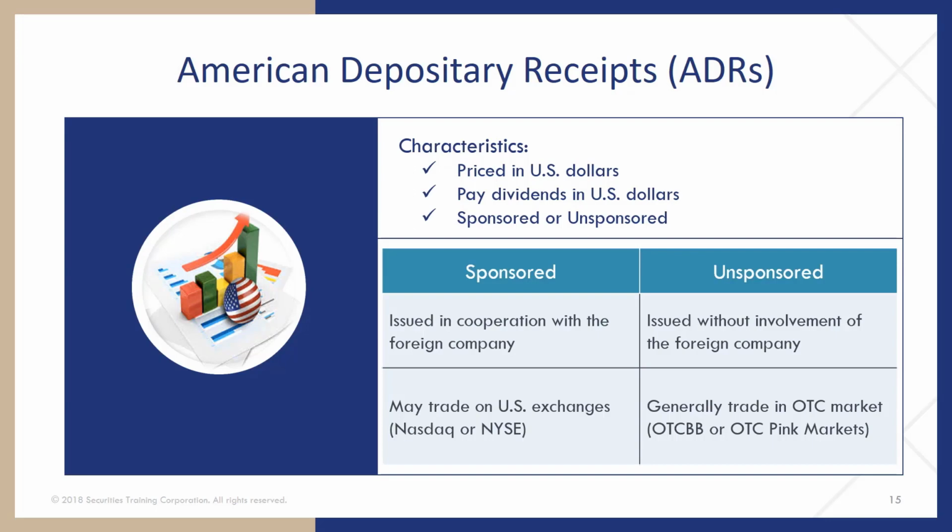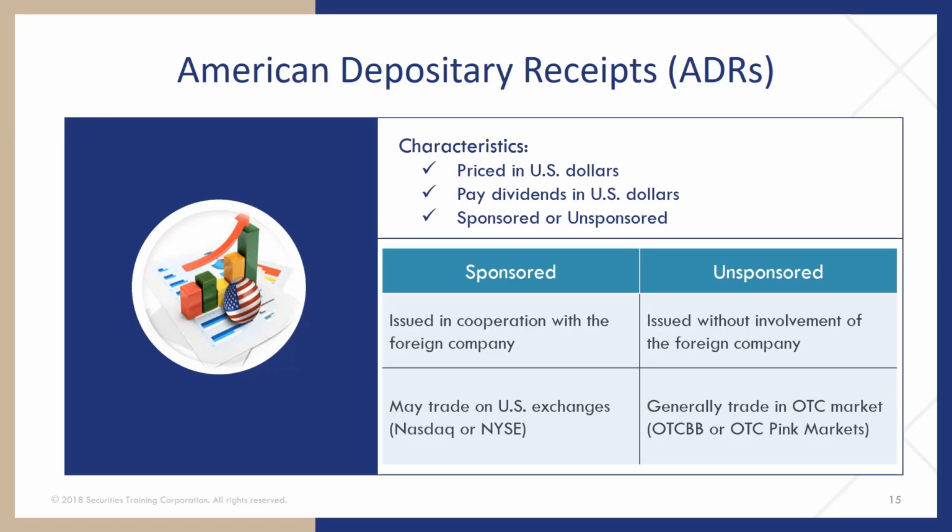Now, in some cases, the foreign company isn't interested in selling its shares in the U.S. But brokerage firms would like to have that company's stock trading in the U.S. because they think their clients would want to buy it. An example, which I mentioned in the last chapter, is Nintendo.